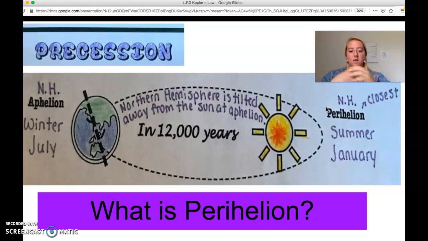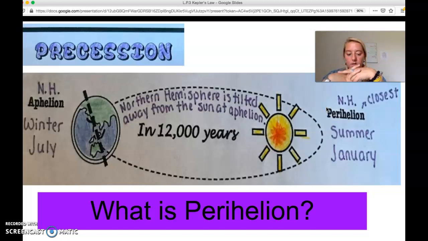So if this was 12,000 years later, or precession had fully finished its cycle, the northern hemisphere would be tilted away from the sun at the aphelion. Therefore, it would be winter in July and summer in January.